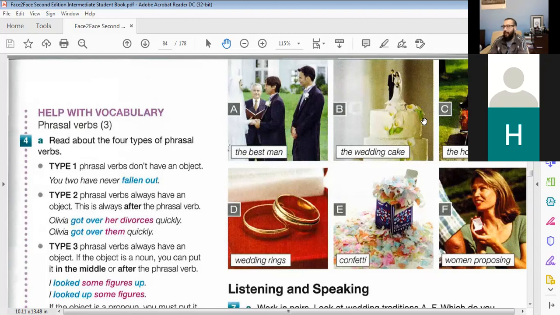So you're saying that during this pandemic, during Corona, they're canceling the party and they just have the honeymoon and that's it? Yeah, a lot of them do the honeymoon instead of the party.